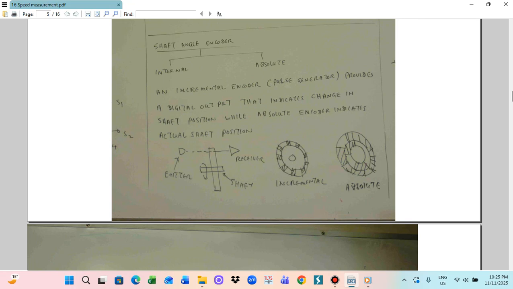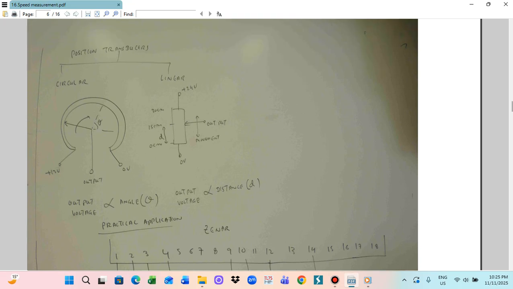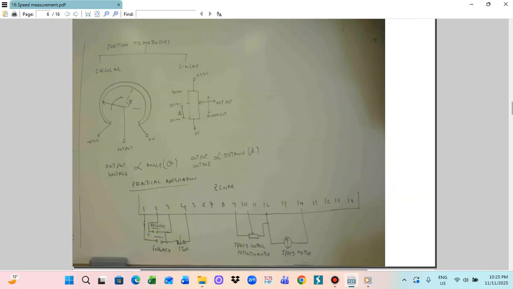We also utilize position transducers. We use a circular type and a linear type. So, position transducer. There are two types: one circular, another linear.